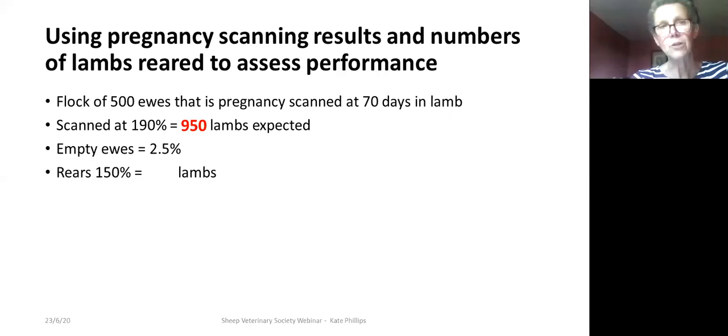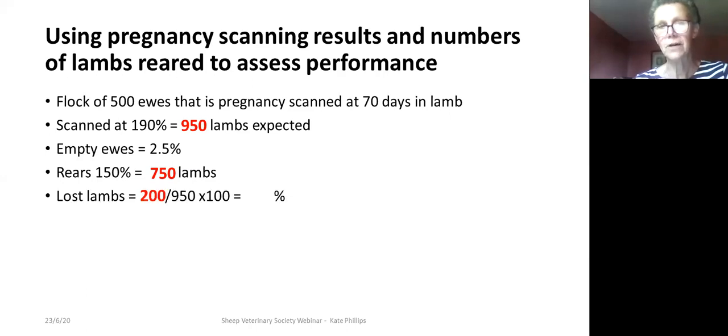The farmer's provided you with that in terms of what the scanner has given him, and you might like to question that and debate whether that's high or low or where you'd like it to be. I always think we want that to be 2% or lower, but that's a point of conversation to have with the farmer. So this farmer's rearing 150%, so 1.5 times 500 gives us 750 lambs. So you can immediately see that from scanning to rearing, he's lost 200 lambs.